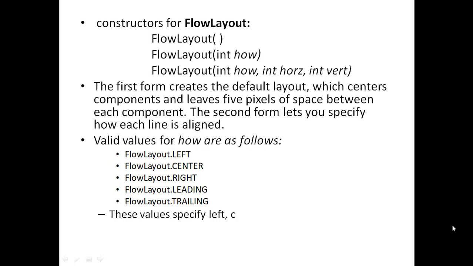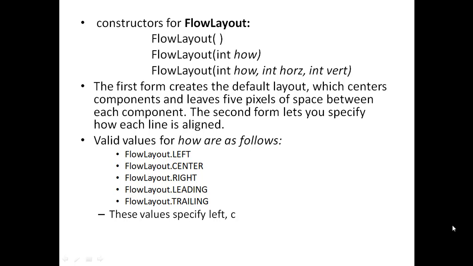The second form lets us specify how each line is aligned, and the valid values for how are as follows: FlowLayout.LEFT, FlowLayout.CENTER, FlowLayout.RIGHT, FlowLayout.LEADING, FlowLayout.TRAILING. FlowLayout.LEFT means all the components are left aligned. FlowLayout.CENTER means all the components are placed in the center of the window.